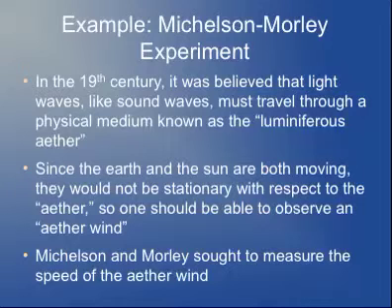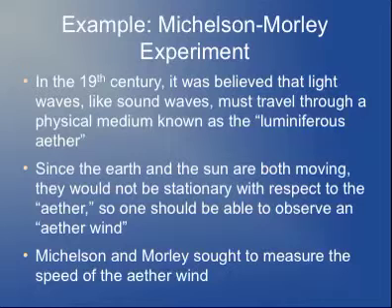The idea was the Earth and the Sun are both moving through this ether, so you should be able to observe what they postulated was an ether wind. If light is going the same direction as the Earth or the Sun, then the speed of light should be slightly greater, or if it's going in the opposite direction, it should be slightly less.